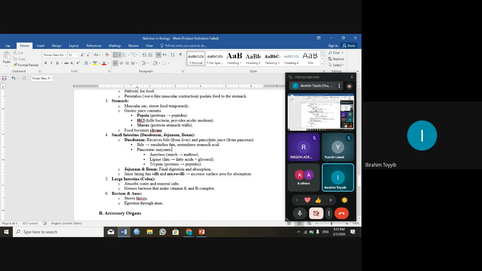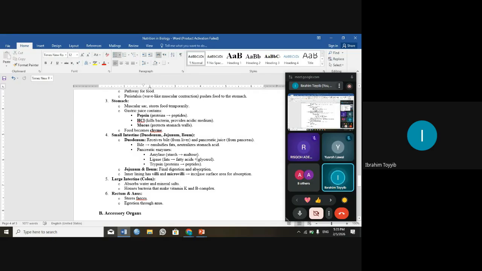Then you can see that pancreatic juice is being passed from the pancreas also to the duodenum part of the small intestine. What is the work of pancreatic enzymes? The first one is pancreatic amylase. It digests starch to what? Maltose.